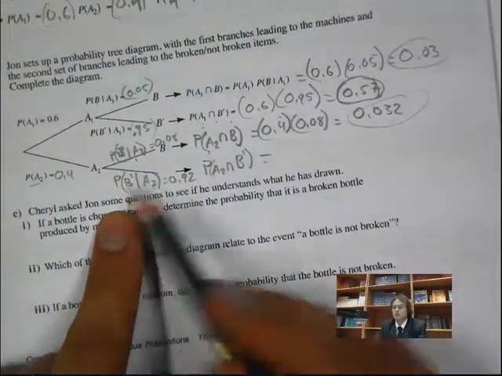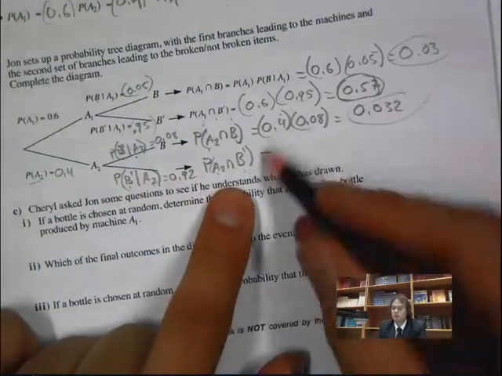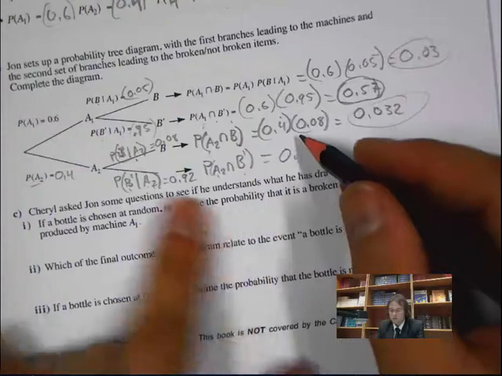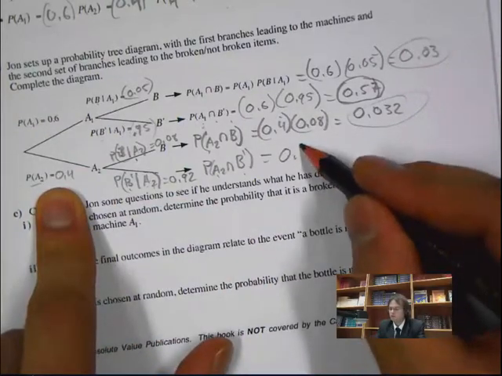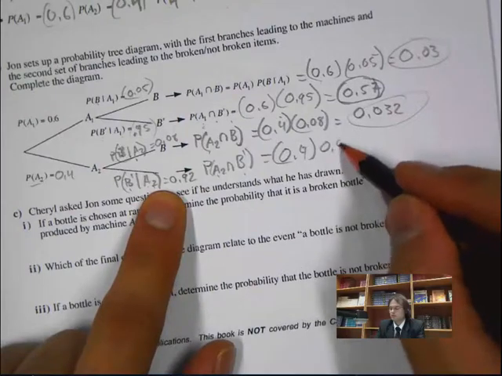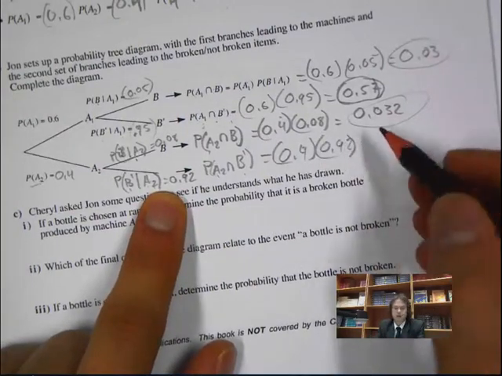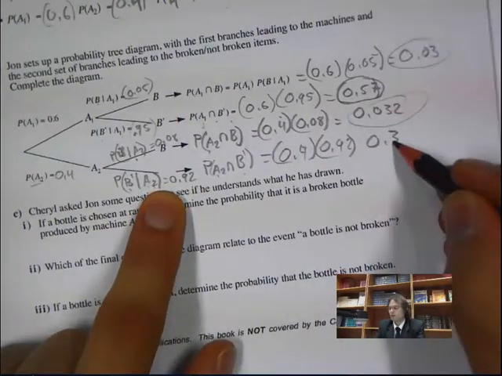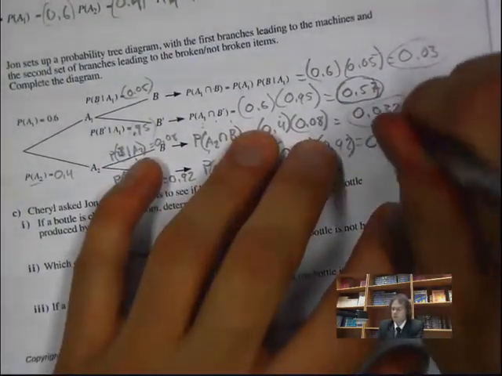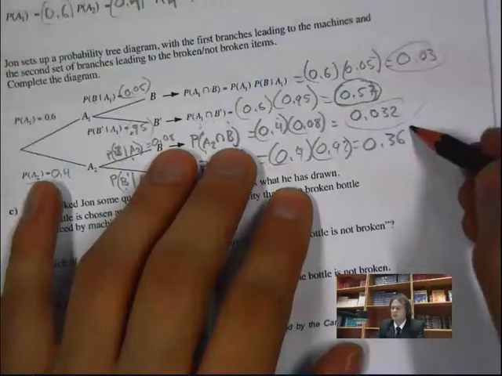So that is 0.4 multiplied by 0.92, which gives me 0.368, not percent, so about 37%.